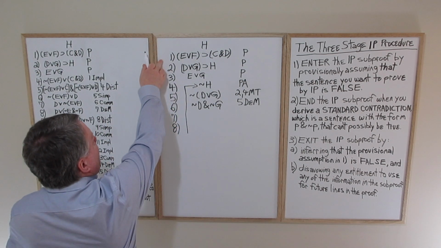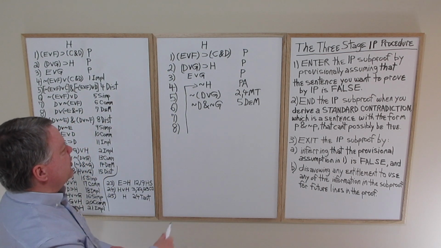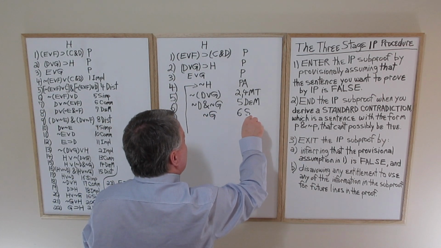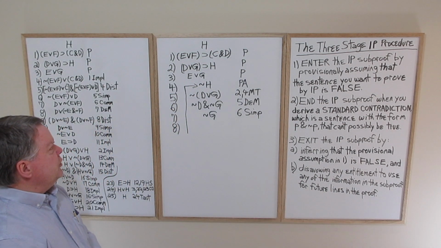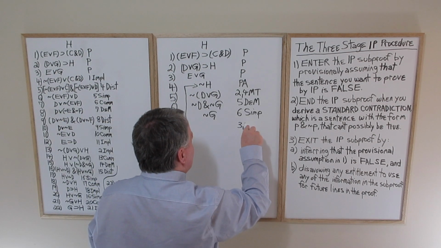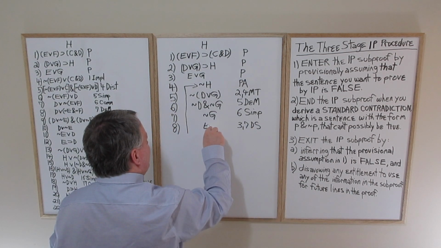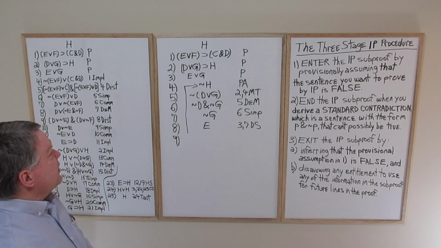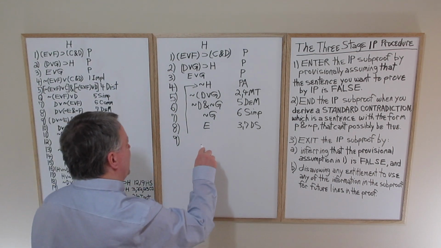Now we can look at our two other premises that haven't come into play yet and see that 6 simplification will allow us to do 3-7 disjunctive syllogism to get the other disjunct, namely E. From there, we can do an addition setup for a modus ponens involving the first premise.